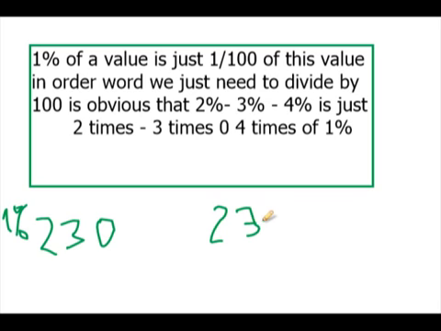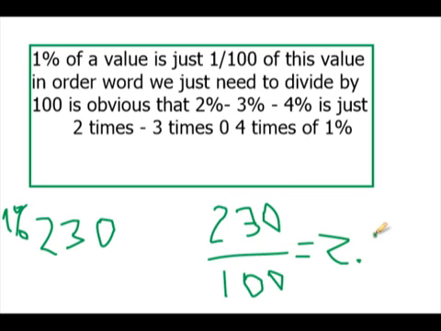I just have to divide 230 by 100. By dividing by 100, I have to move the decimal point 2 places to the left. 1 place, 2 places to the left, gives me 2.30. That's 1%.